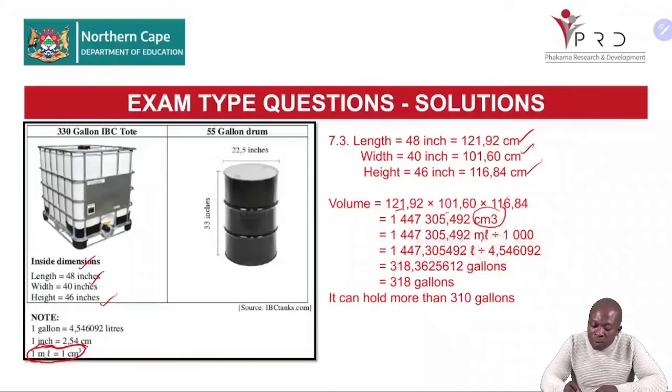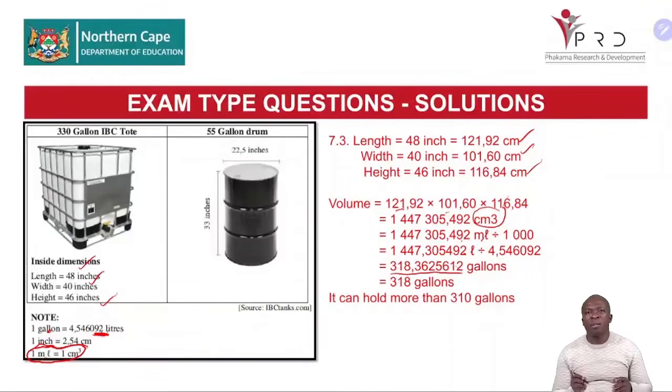So what we have to do now, we are changing from liters to gallons. Are we there, learners? So what we need to do now, we are going to divide liters by liters. That's why you see me dividing by 4.546092, meaning that our answer is now going to be in gallons.